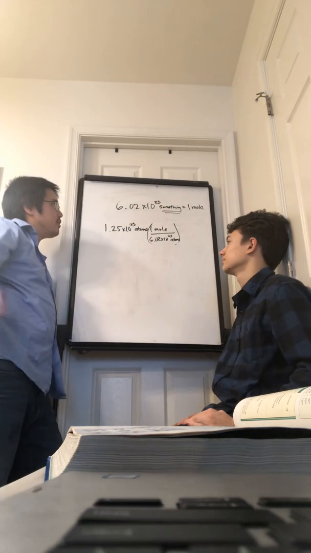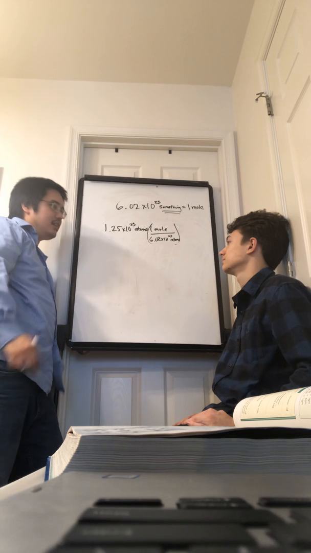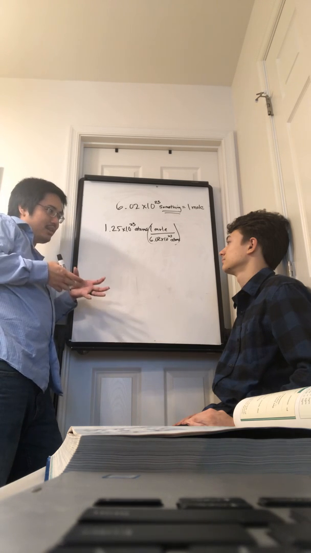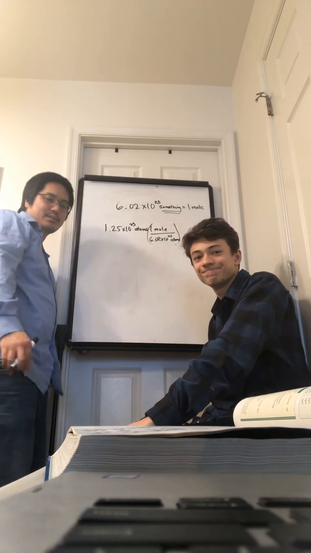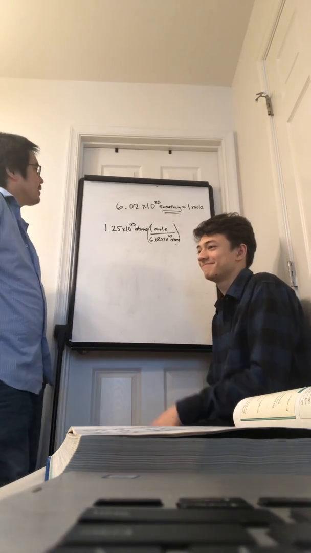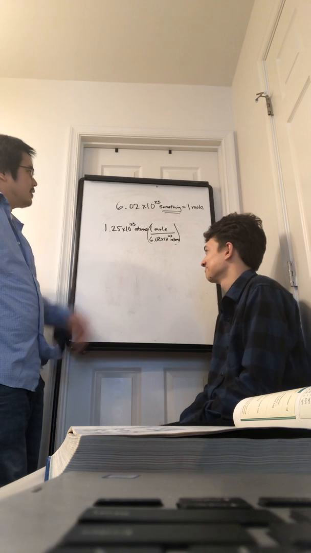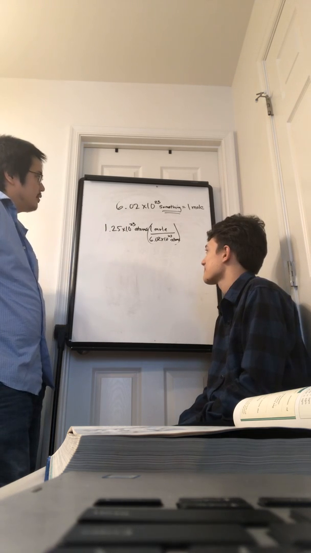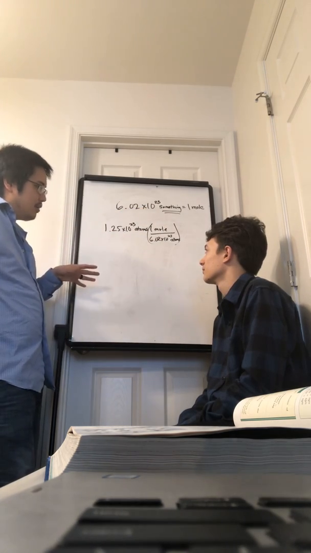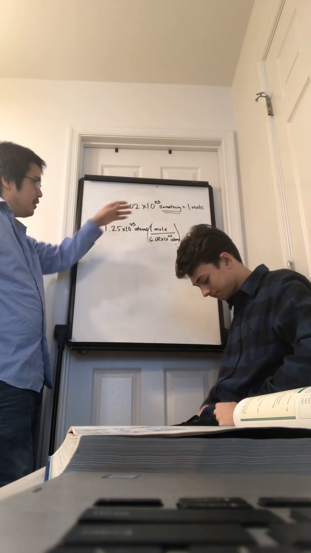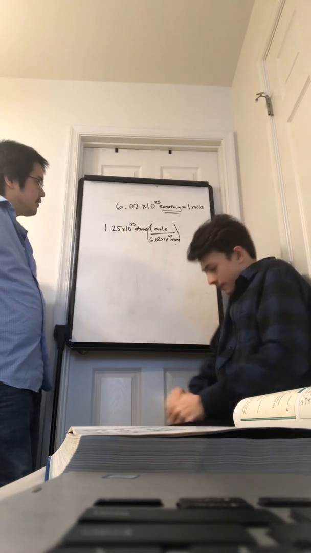It could be 6.02 times 10 to the 23rd little moles, like the actual animal, or whatever. But usually we would put the word particles or atoms or something really, really small because we're talking about a really, really large number.